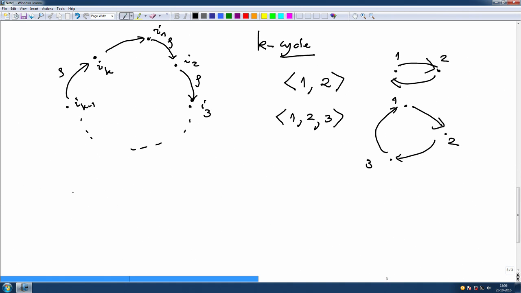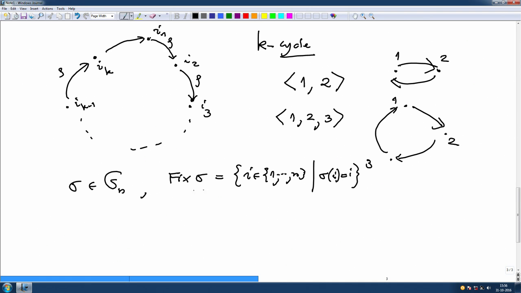So, for example, I want to introduce some notation now. Given an arbitrary permutation sigma in S_n, I want to call all those elements i in 1 to n which do not move by sigma, that is sigma of i is i, the fixed points of sigma. So, as a map it does not do anything to them, it keeps them to themselves.